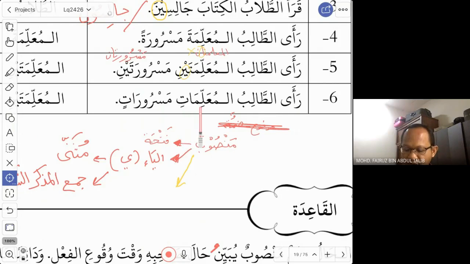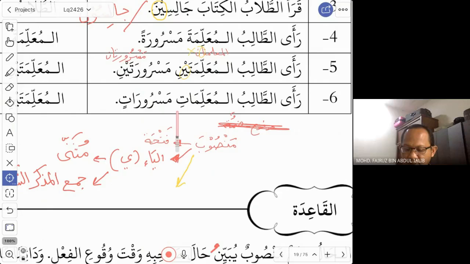As we have mentioned earlier, this is the fi'il, ra'a, this is the fa'il, and this is the maf'ul bih. So muallimat is also the maf'ul bih, and the hukum of maf'ulun bih is mansub. So as in our chart here, when it is mansub, most of the time we will use fathah.